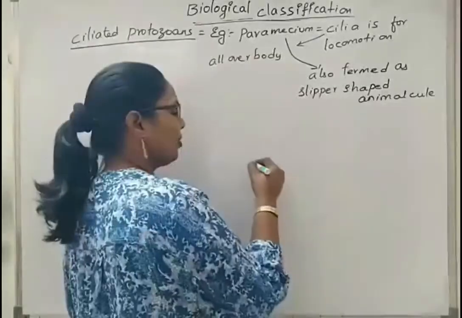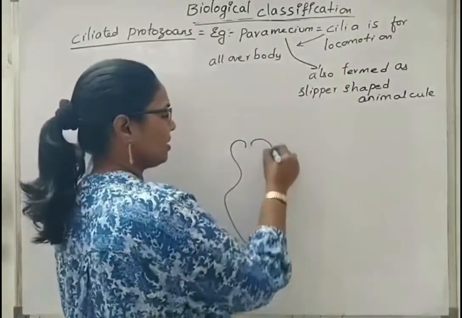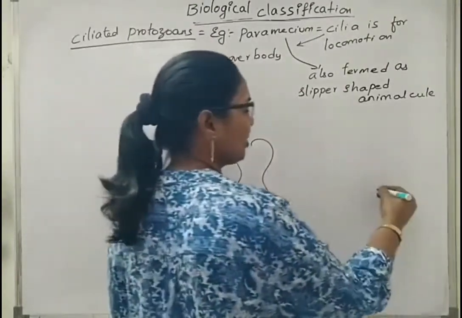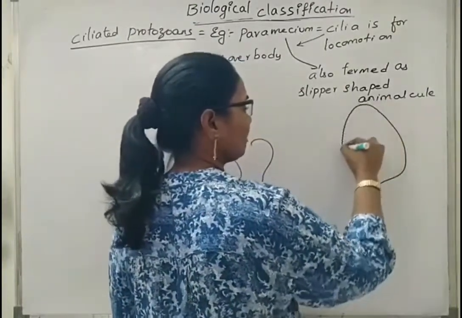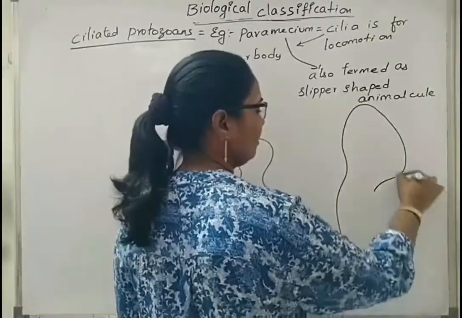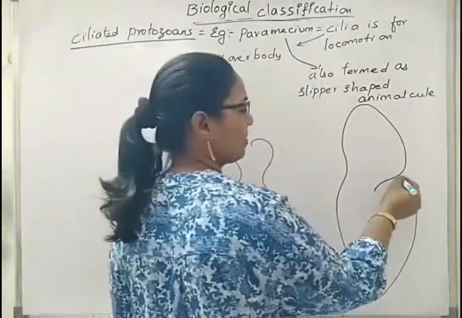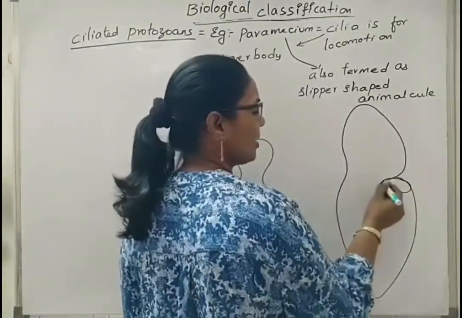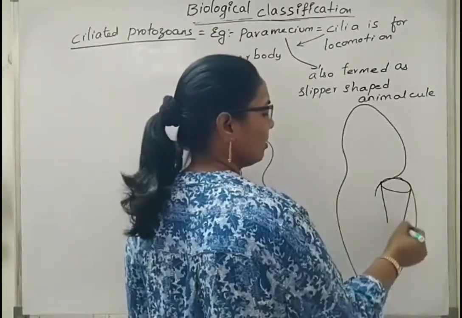In case of Euglena, we have seen the structure is like this. But in case of Paramecium, we see the shape of the organism like this. Here there is a special structure called the oral groove.